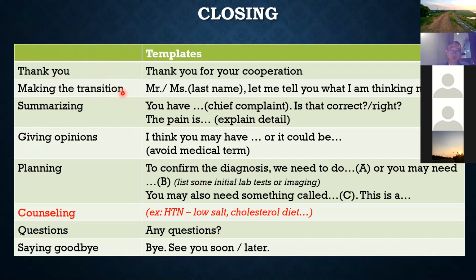Because for some reason we may collect the wrong information, and at that time the patient will hear the whole story and they may correct you, and that is really good, right? So at that time you have one more opportunity to correct the information, and it will help you reduce the risk of miscommunication. So that's why we put the summarizing part here.